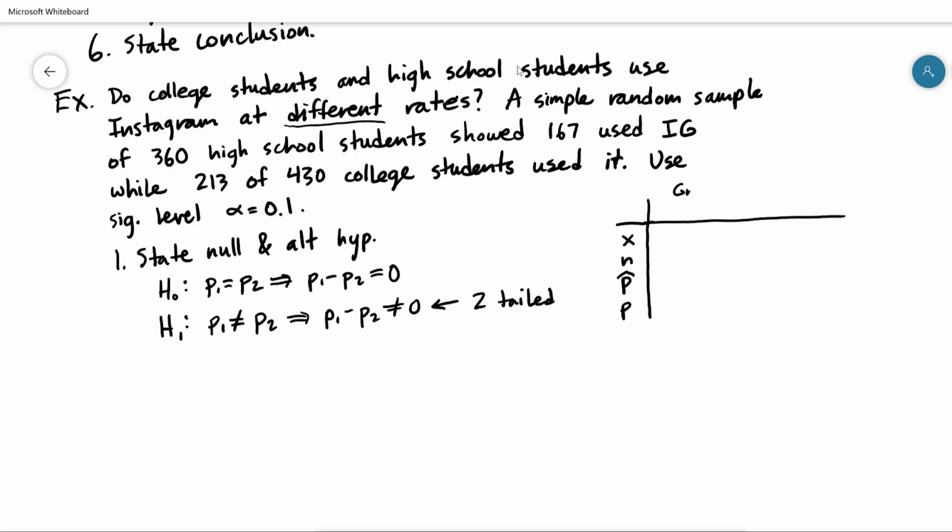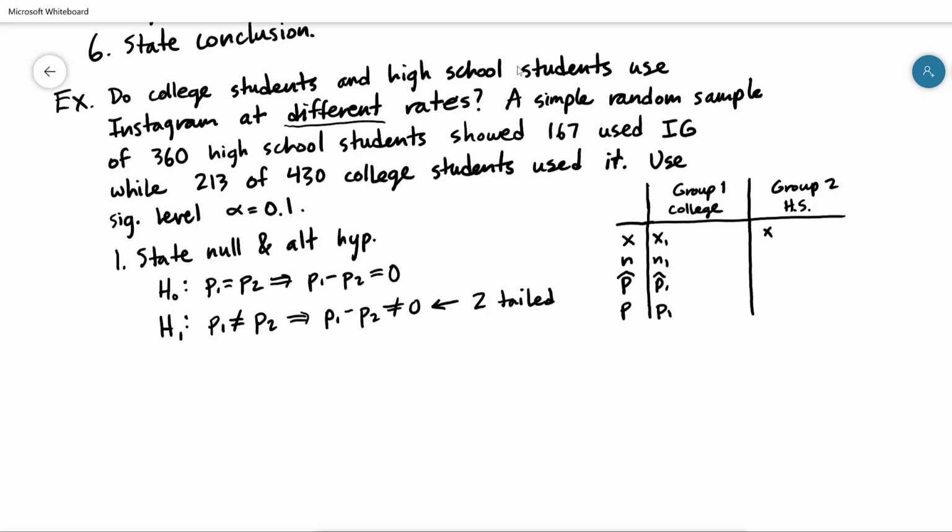And we've got group 1 and group 2. We get to pick which one we want to call high school students and which one we want to call college students. So I'm going to call this group college and this group high school. But you could totally pick it the other way around. It wouldn't actually affect the end result.